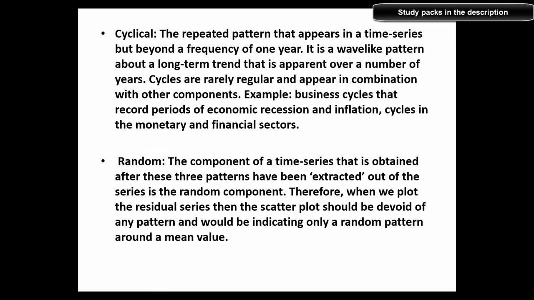So next one is cyclical, right? This is also a repeated pattern, but it could go beyond one year. So this is one where the pattern could be more than one year. Typical examples could be the budget. Budget need not be just a one-year budget. It depends on the country, and when exactly the budget happens.